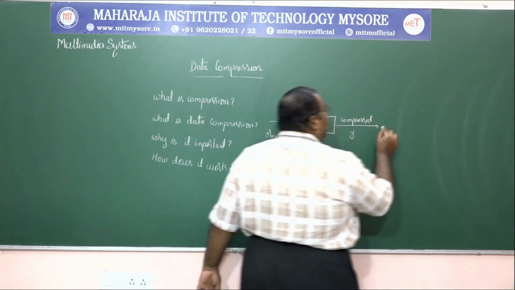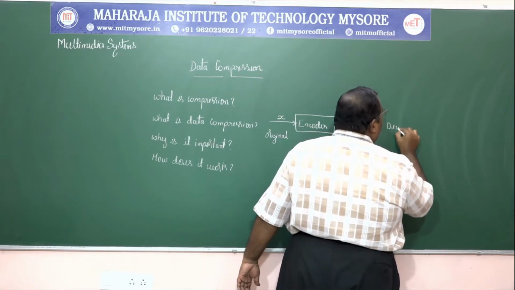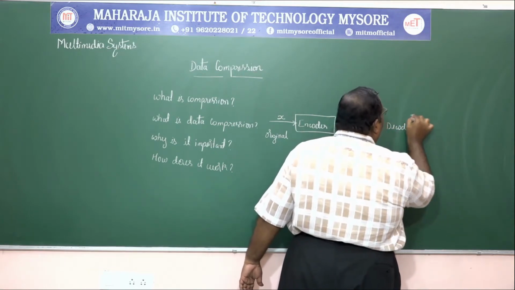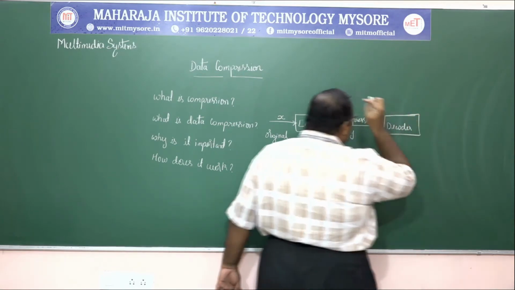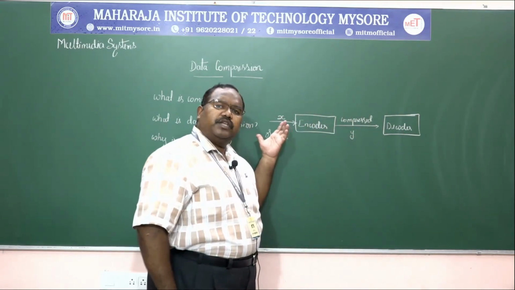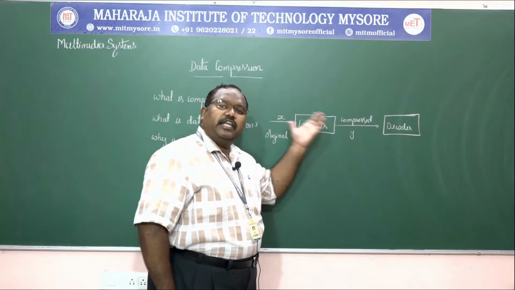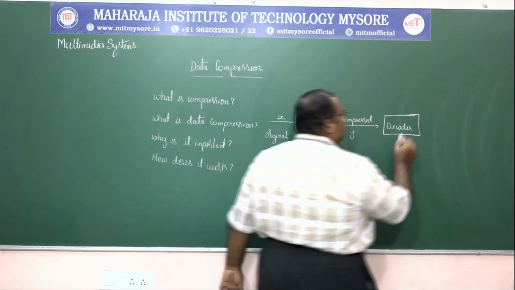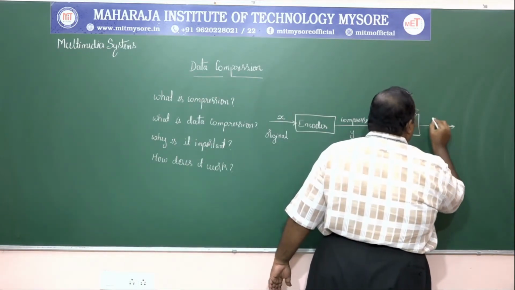When we want to get it back, we need to do the process in reverse order, from encoded to original, and that is done by the decoder. That process is called decompression.